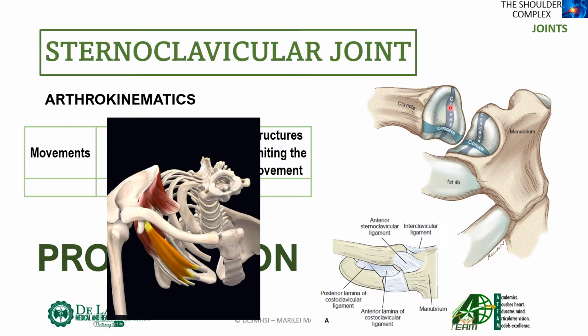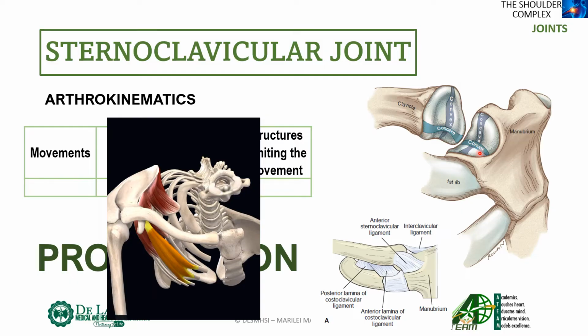Again, the arthrokinematics of protraction: protraction is happening in the transverse plane, so we follow the concave surface of the clavicle if it's open kinematic chain. The concave articular surface of the clavicle rolls anteriorly, just like the video a while ago, and slides anteriorly as well on the fixed convex articular surface of the sternum.